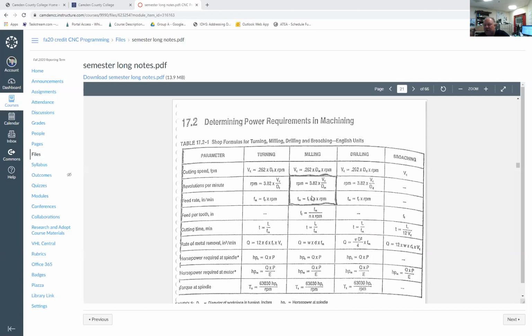Okay. Now, realizing that when we're calculating RPM and feed rate for a mill, that is not too far off of doing it for a lathe and turning, or for drilling for that matter.